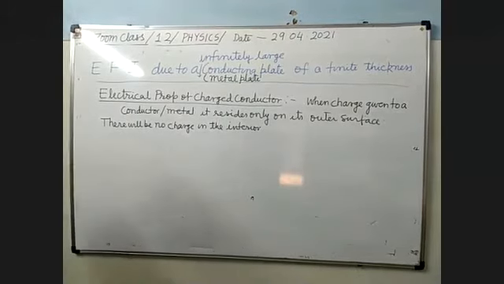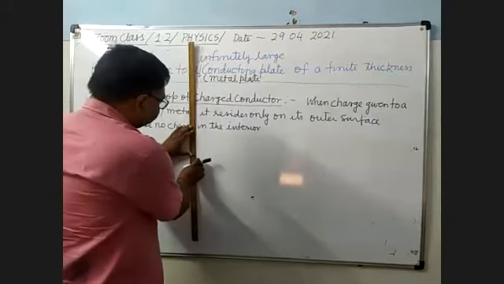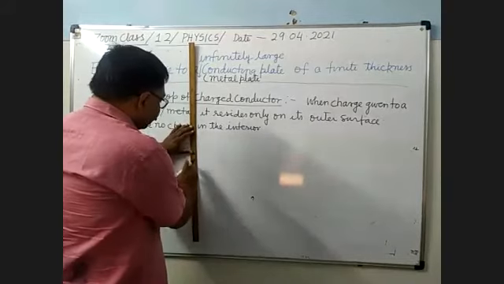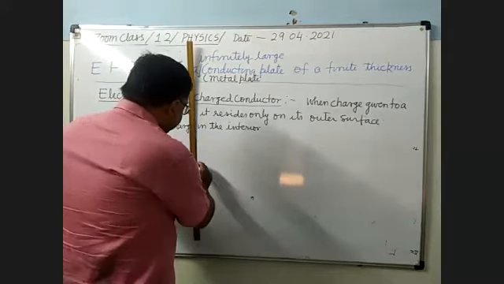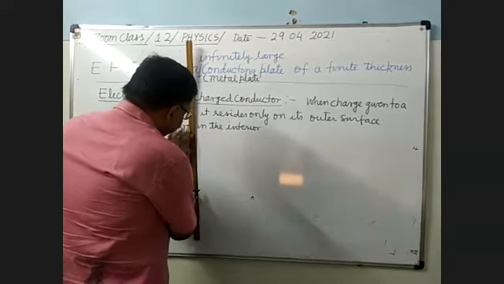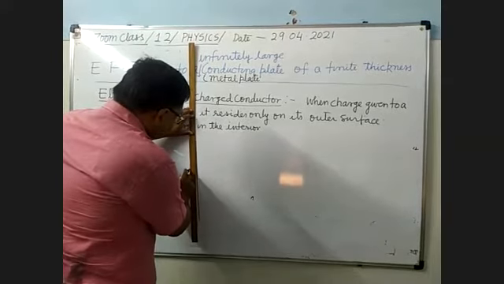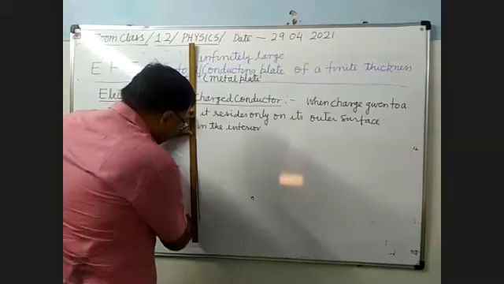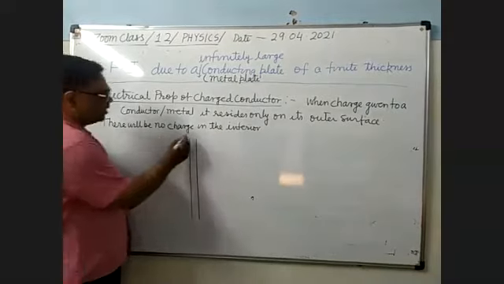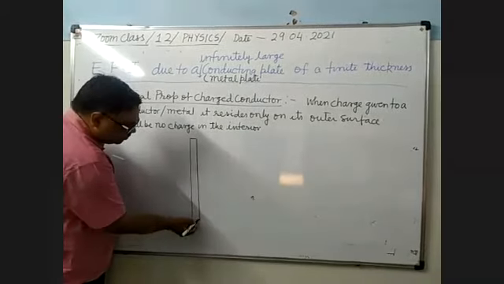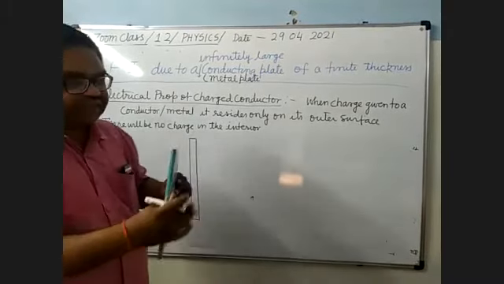So if you take a thin metal plate of finite thickness, suppose this, you can see here it is like this.